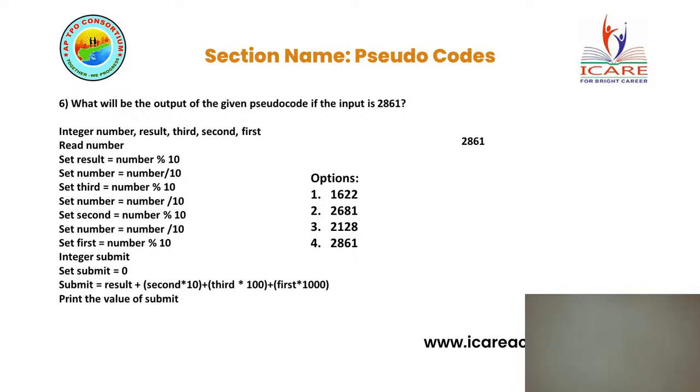We are not told which variable it is assigned into. Whenever we go into the program, we can know that.